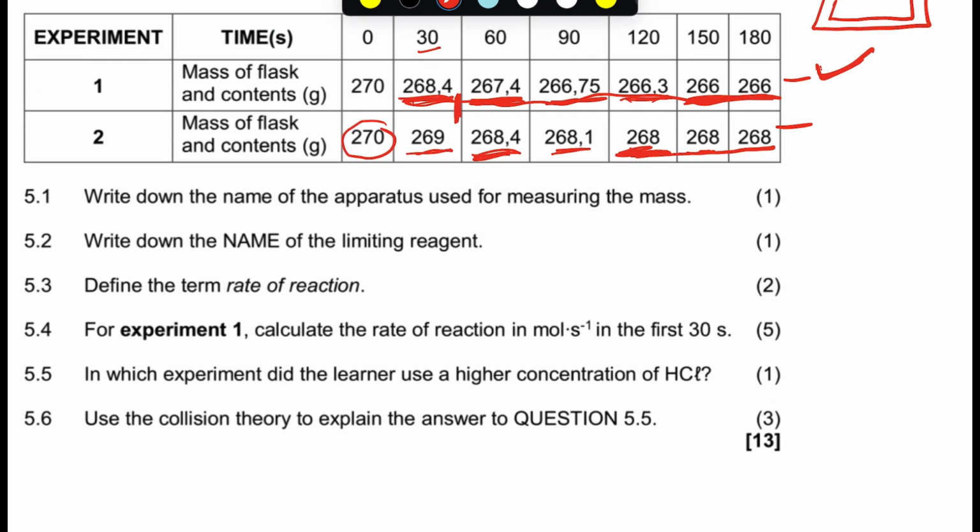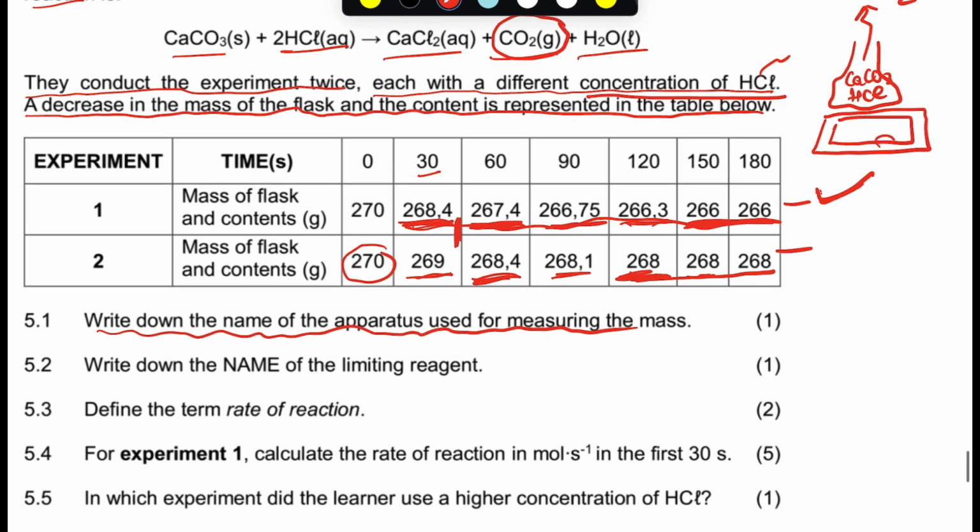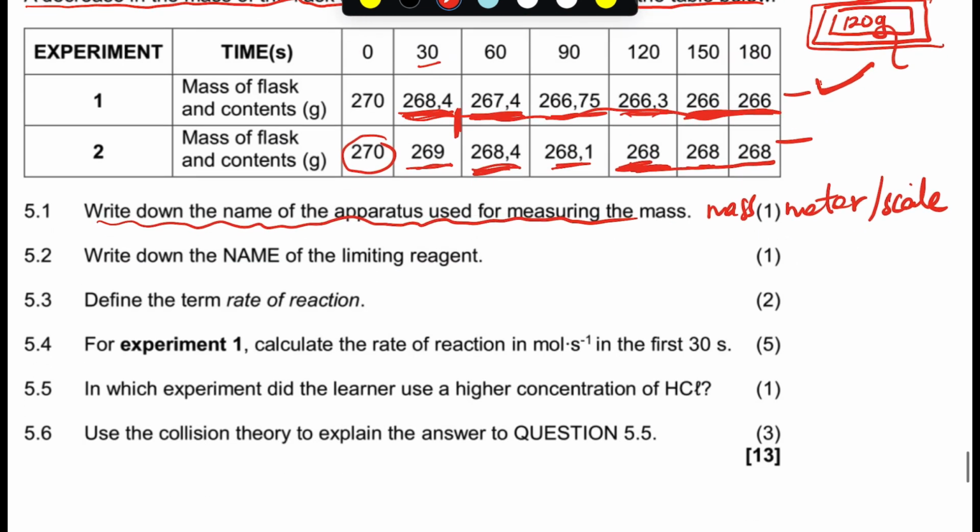Okay, let's answer the question. Write down the name of the apparatus used for measuring mass, which is this one. That one is a mass meter, or you can say it's a scale. This measures mass, here the mass is 120 grams. Then write down the name of the limiting reagent.